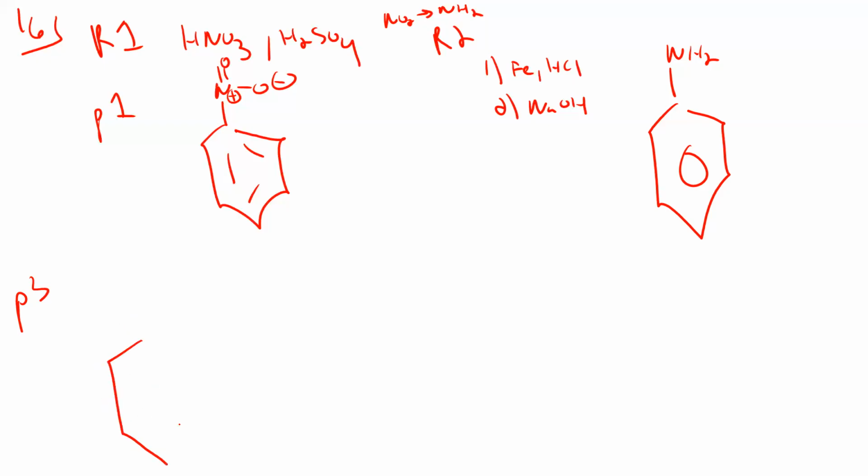That might look like a methyl group coming off, and I don't want that to look like that for someone. So we got that. And then let's see what's going on. Then we're going to add another nitro group.